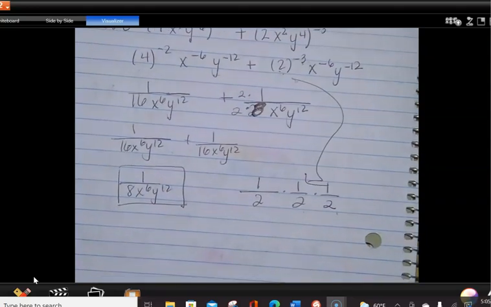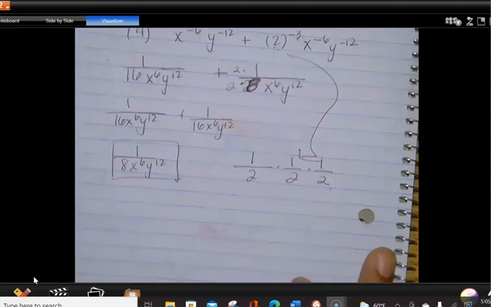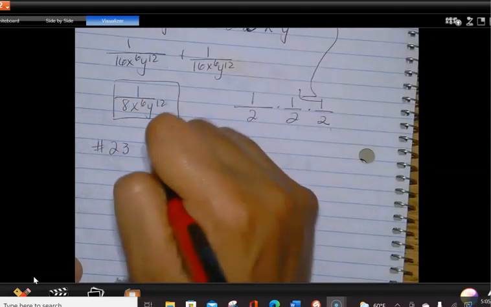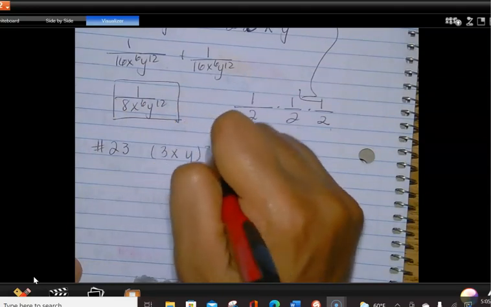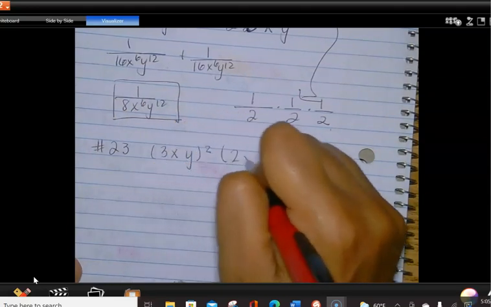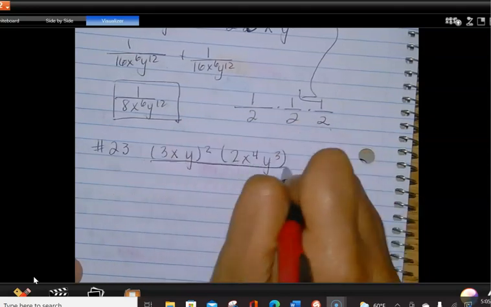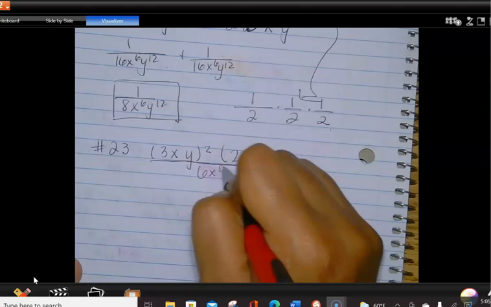Now I'm going to do number 23. So for this one, it's 3xy squared, 2x to the 4th, y to the 3rd, all divided by, all right, here we go.